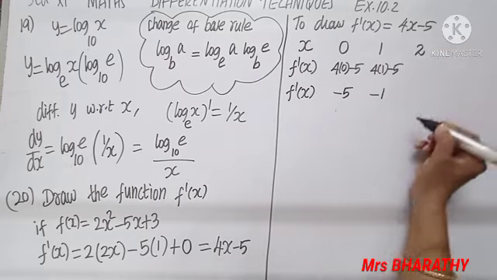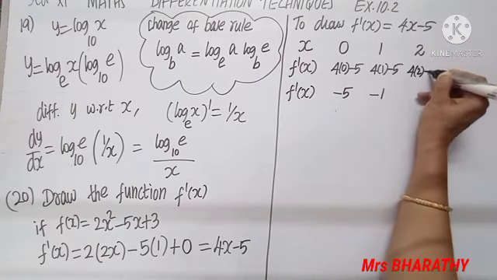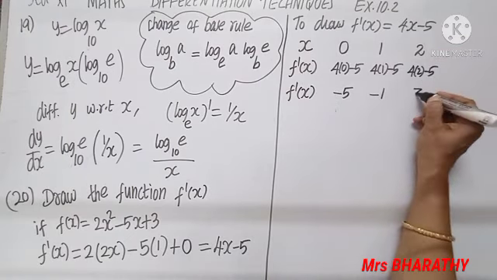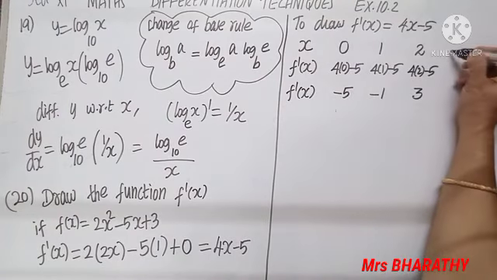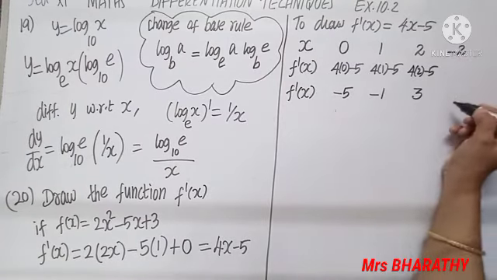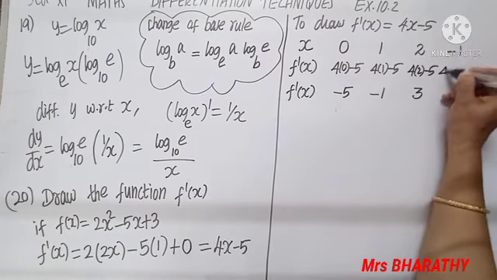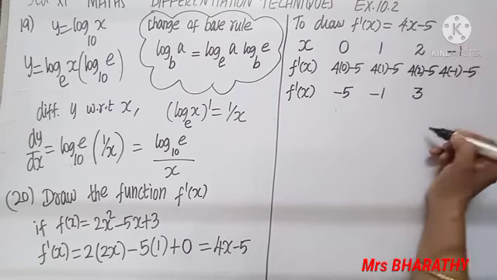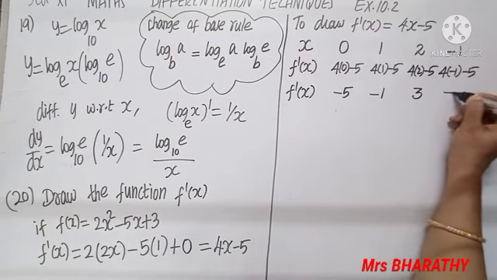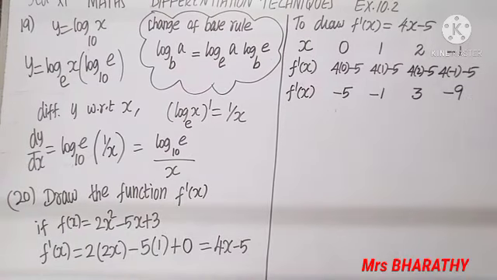If I put 2, 4 into 2 minus 5, 8 minus 5, 3. If I put minus 1, 4 into minus 1 minus 5, minus 4 minus 5, that is minus 9.